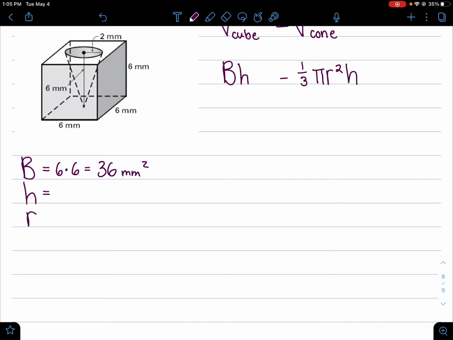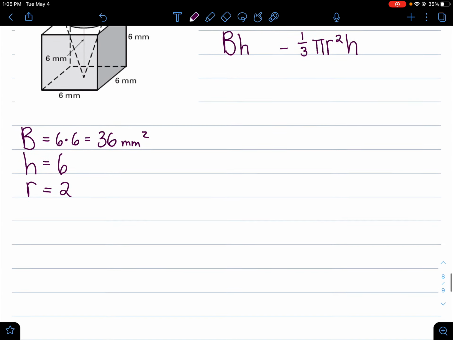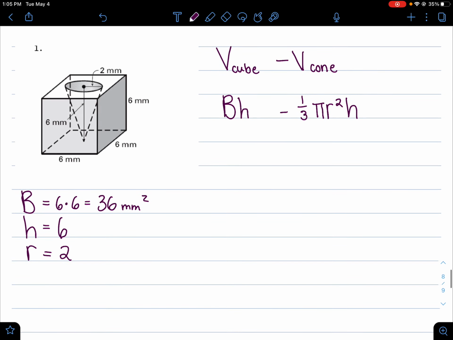The height of our cube is 6, and that just so happens to be the height of our cone as well. So we will use this h for both volume calculations. The radius of our cone is 2 units long. And so now we just plug everything in.